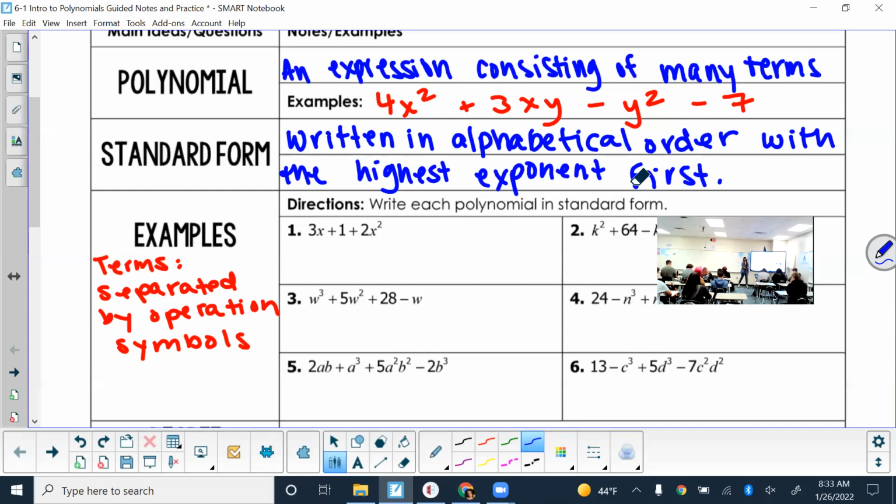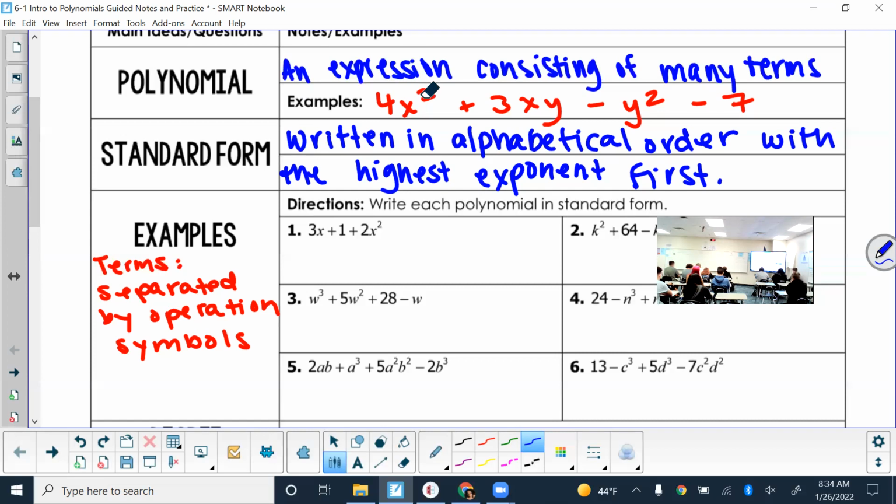All right, so then alphabetical order always trumps highest exponent first. So you'll look at everything that has an A, and then you'll look at everything that has a B and order them that way. So would you say that my example in red is in standard form? Yes.